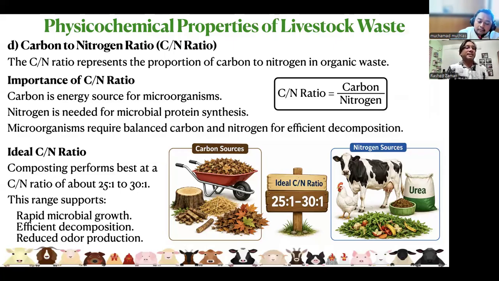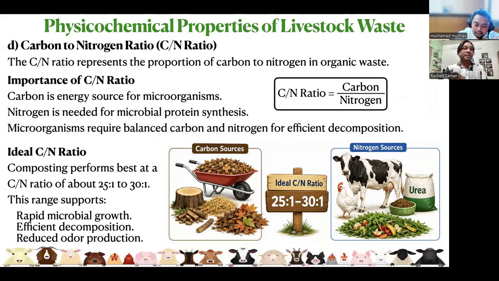Now, the ideal carbon to nitrogen ratio is between 25 to 1 and 30 to 1. In this range, the activity of the microorganisms is the best.